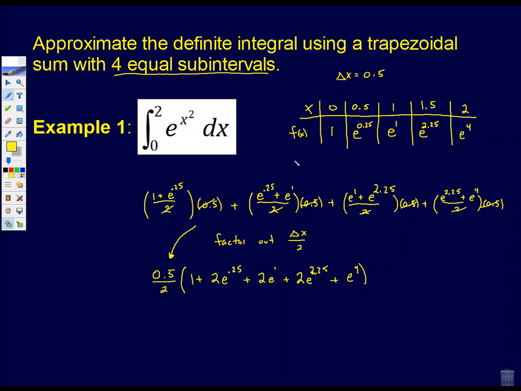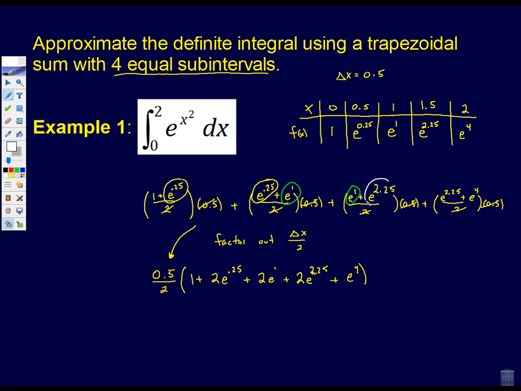I've got the number 1, which was f of 0. That only occurs once, but I noticed that e to the 0.25 is occurring in the first two trapezoids. So I'm going to write that as 2e to the 0.25. And then e to the 1 occurs twice, right there and there. So I'm going to have it there twice.